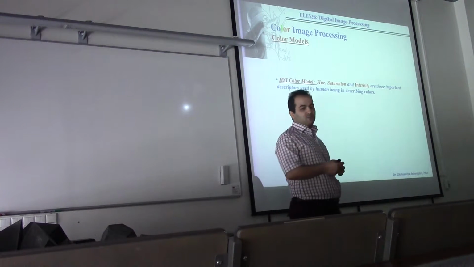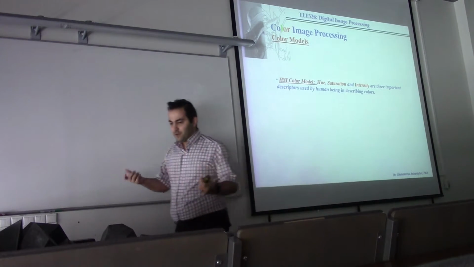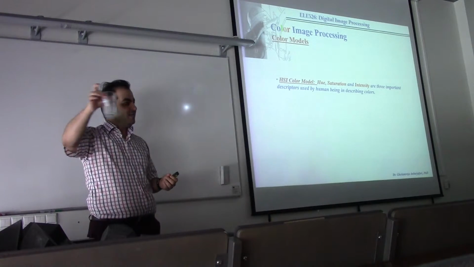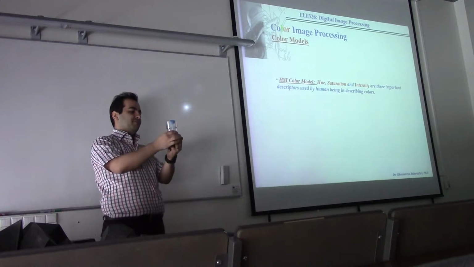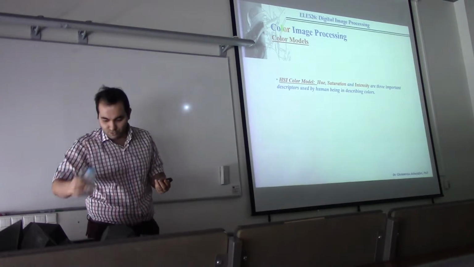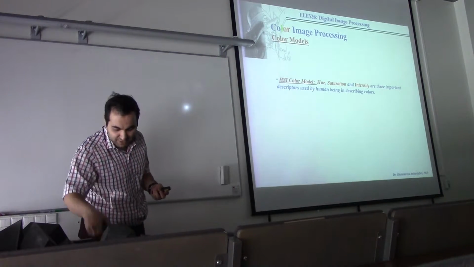For example, if you take an image of this object when the weather is shiny, we have, for example, blue here and some colors here. It's not so colorful, but for example here.